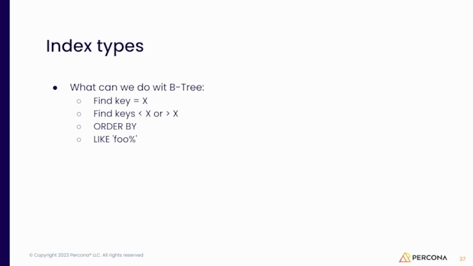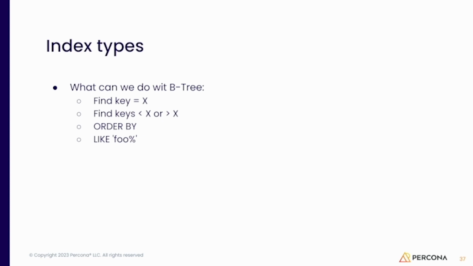So what operations can we do with a B-tree? Most of the comparisons we can do with a B-tree. We can do equalities, like find key equals X or whatever. We can do inequalities and ranges, something that's larger than or smaller than or in between. That's a range comparison. We can do order by.